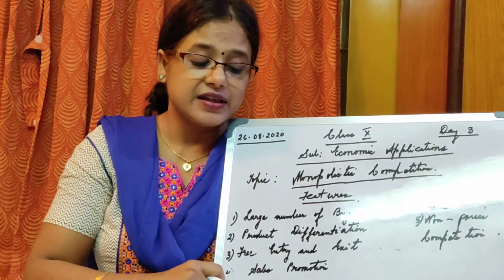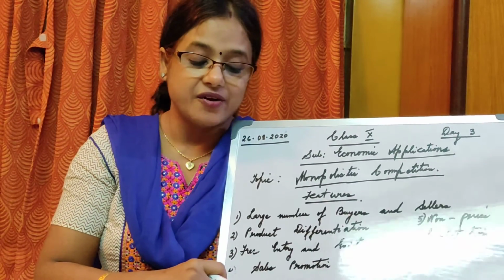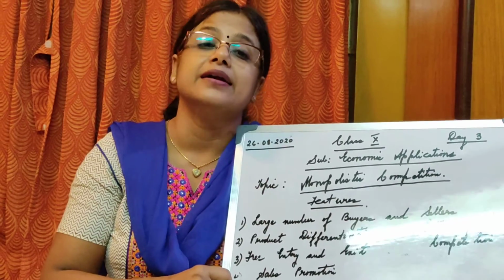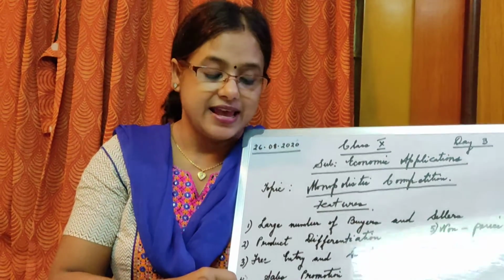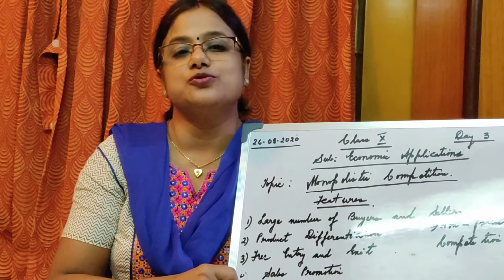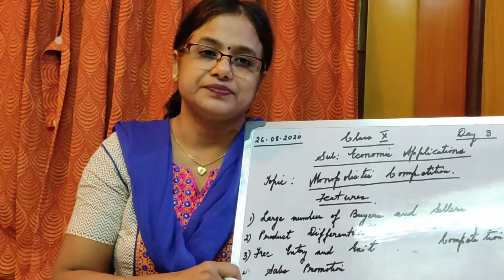Again, we see that in monopolistic competition, there is monopoly in the brand, but competition from the rival sellers in selling the close substitutes of the product. For example, you see Colgate toothpaste.